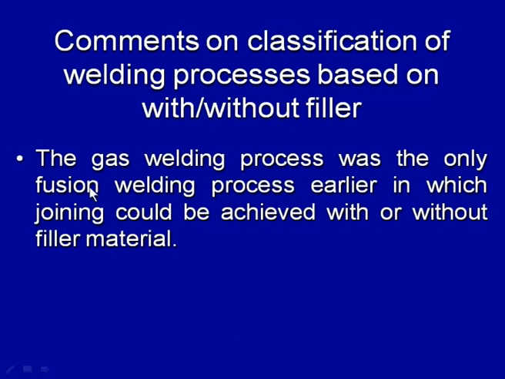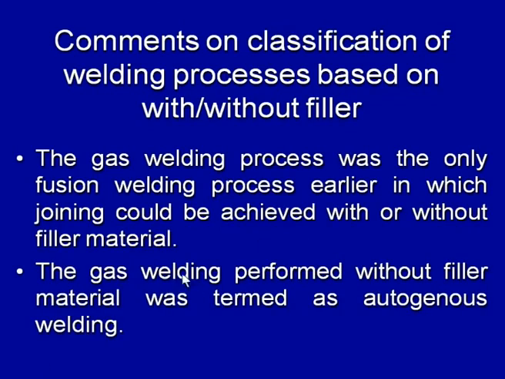The gas welding process was the only fusion welding process earlier in which joining could be achieved with or without filler material, and the gas welding process performed without filler material was termed an autogenous weld. So, initially when the gas welding process was used without addition of filler material, those weld joints were termed autogenous weld joints, but this process can also be used with filler material.